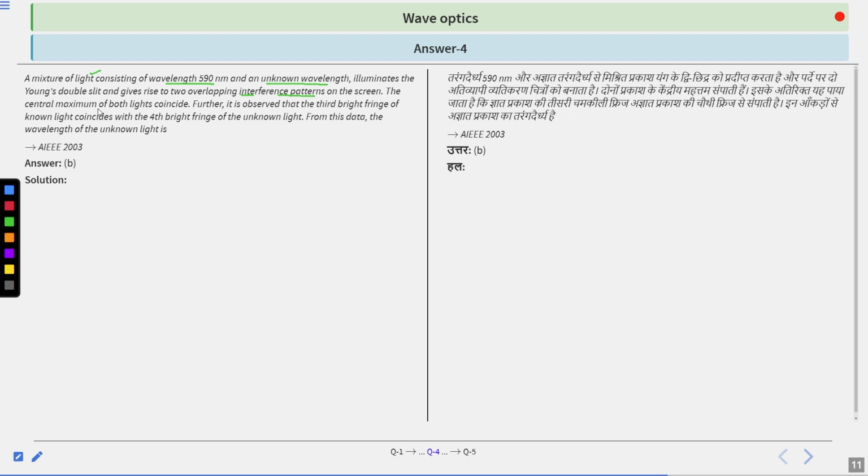Listen carefully: the central maximum of both lights coincide. Further, the third bright fringe of the known light coincides with the fourth bright fringe of the unknown light. We have to find the wavelength of the unknown light.